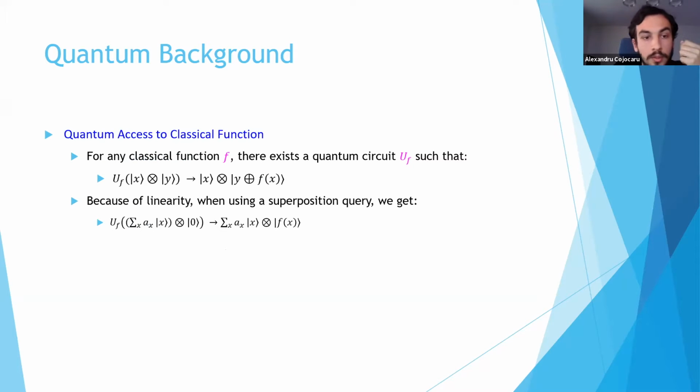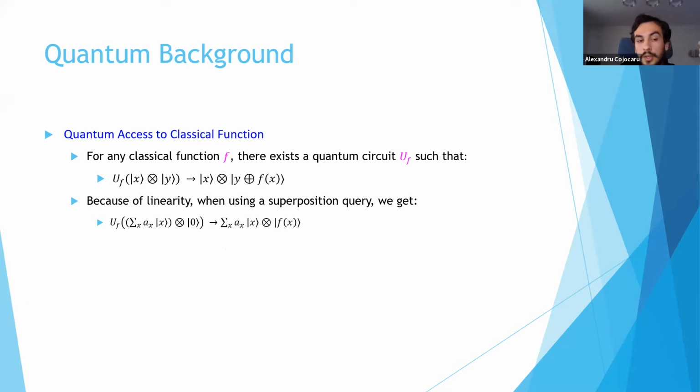Another important quantum notion particular to our work refers to how we are able to access a classical function in a quantum way. We know that if we have a classical function f, then there always exists a quantum circuit U_f, a unitary, which has the following effect.